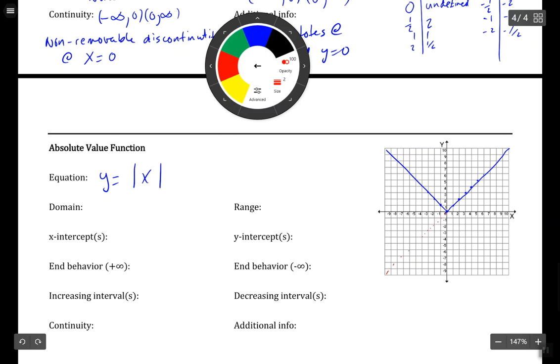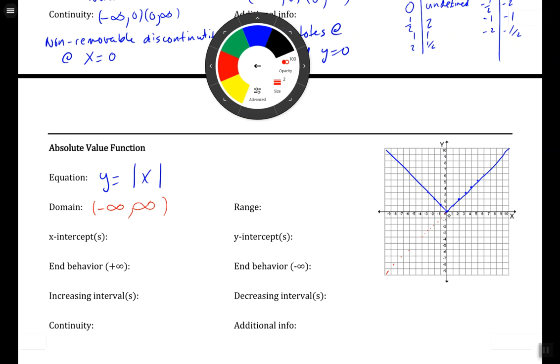What's the domain? So, Mo, it's negative infinity to what? Does it go on forever and ever? Infinity. What about the range? There's where it's a problem. Whoa, what is it? Yes, and is 0 included?